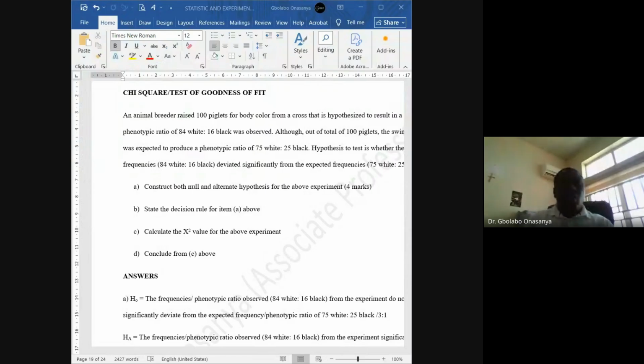Now today, we'll be speaking to chi-square, which is a test of goodness of fit. When you are doing a molecular or genomic analysis, you are studying the genetic structure of a population.